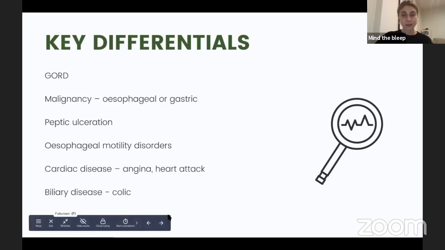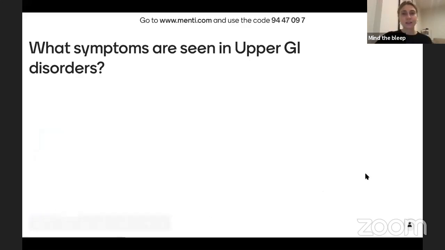All right, so the next question for you is what symptoms are seen in upper gastrointestinal disorders? So I have given you a few symptoms that the patient has presented with, and just as a recap, patient had retrosternal burning chest pain, vomiting, and I'd like you to think about what other symptoms are seen in upper gastrointestinal disorders.